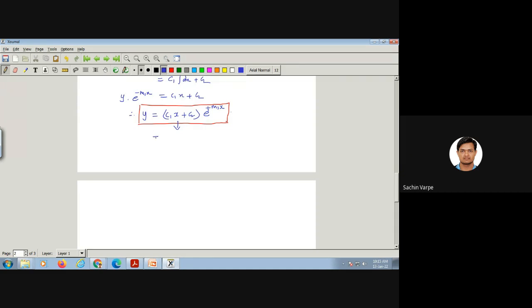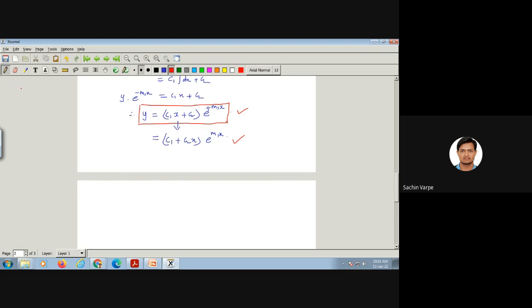So we can write the same thing as c1 plus c2x times e to the power mx or m1x. That is one and the same, because it is just a matter of arbitrary constants. So if it is an MCQ, your option will be this or this, and you should know both are one and the same.